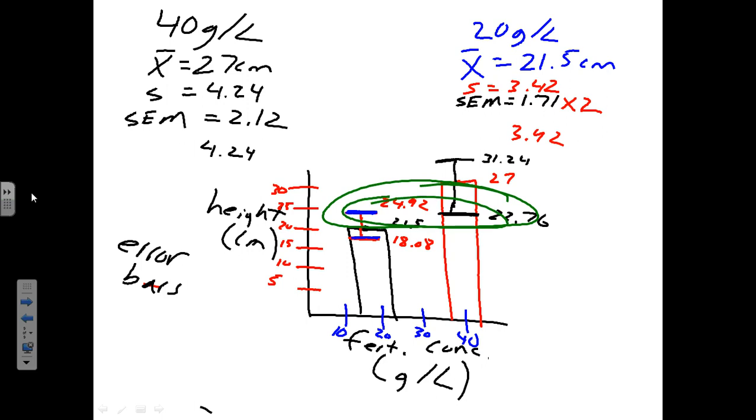You see what I mean? That's what I mean by overlap. So if there's any points where these error bars are in the same area, that means these two things are not very different from each other. They're not statistically significantly different from each other. Does that make sense? If you know that statistic stuff, and you know how to do a chi-square problem, that's all the statistics you need to know.